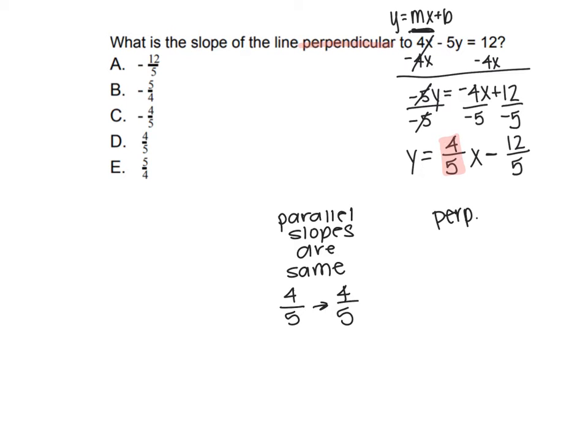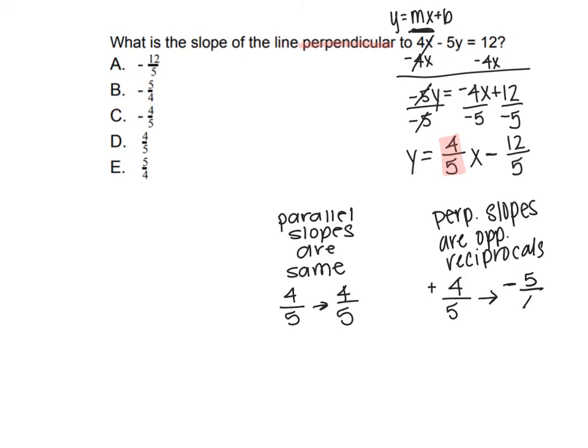However, perpendicular slopes are opposite reciprocals. And what that means is they're going to switch and flip. So if I have 4/5, I want to switch the sign. So this one's positive, my new one's going to be negative. And I want to flip the fraction. So instead of 4/5, it's 5/4. And so if you look, that's answer option B.